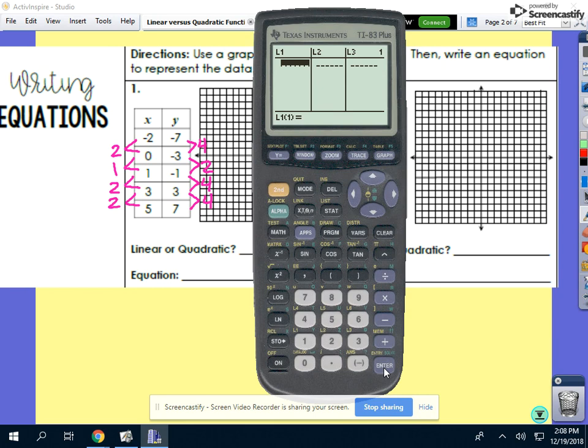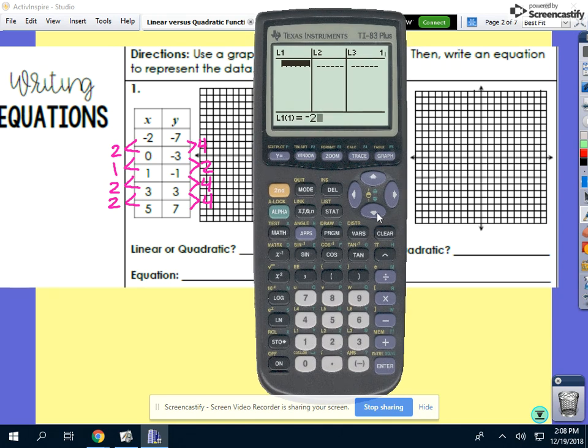Into L1, you're going to put your x values, and into L2, you're going to put your y values.